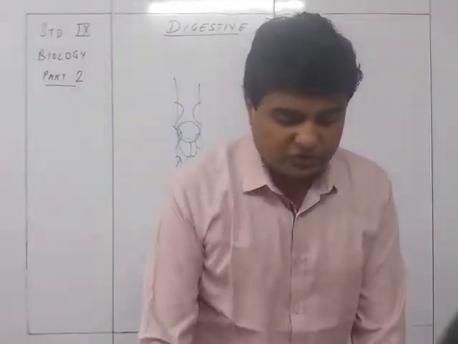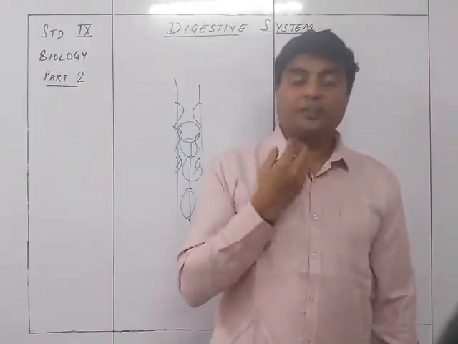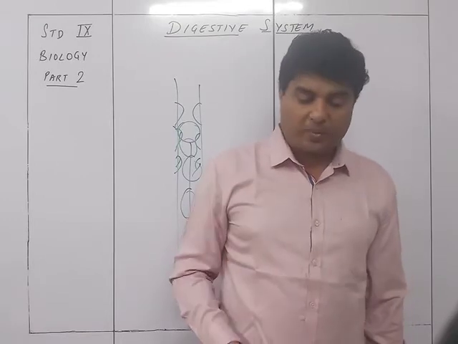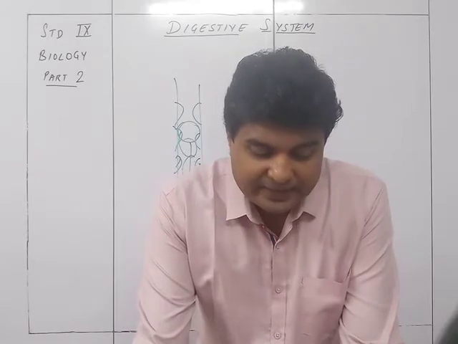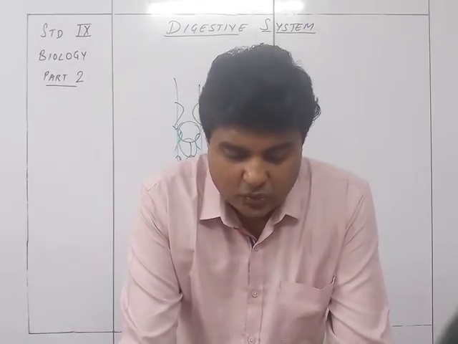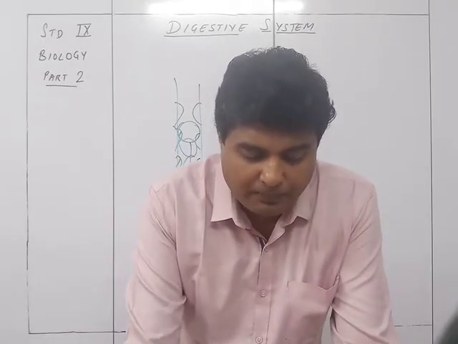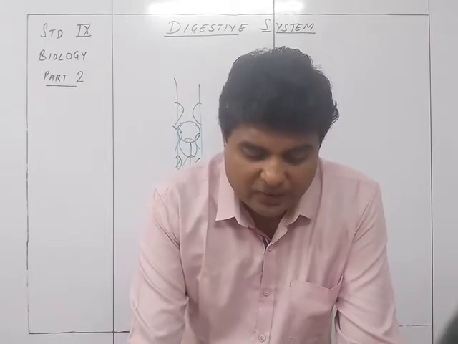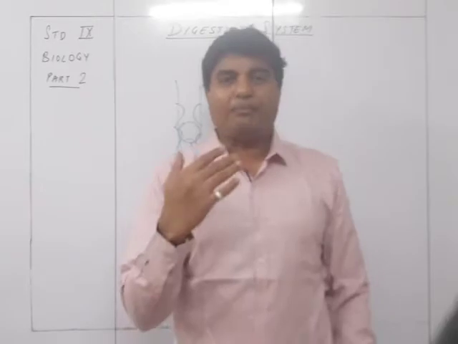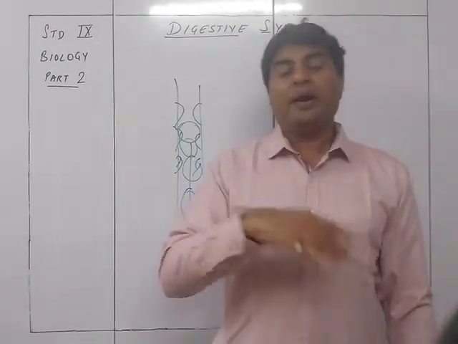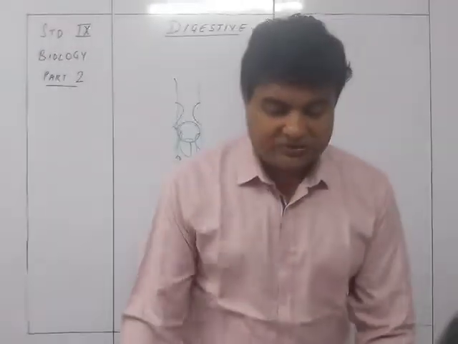So that's why the back part of the roof of the buccal cavity closes the opening between the throat and the nasal passage. And then the voice box, which is located at the top of the windpipe, is pulled upwards to bring it close to the back of the tongue with a flap called the epiglottis. So the epiglottis is the flap which is going to close the windpipe, closing its opening.